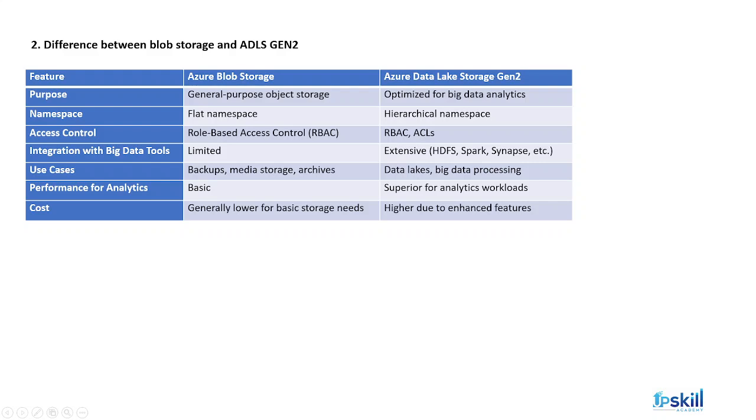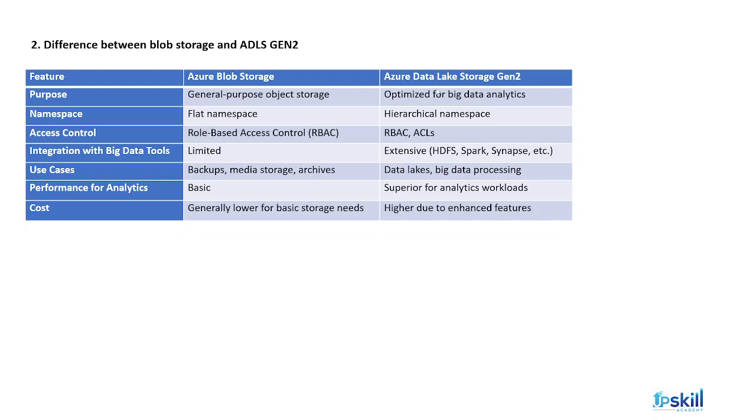At a high level, blob storage is general purpose object storage, while Azure Data Lake Storage is optimized for big data analytics. Azure Blob Storage is designed for general storage needs, that means storing audio, videos, backups, logs, and application data, and it works well when you store and retrieve files.